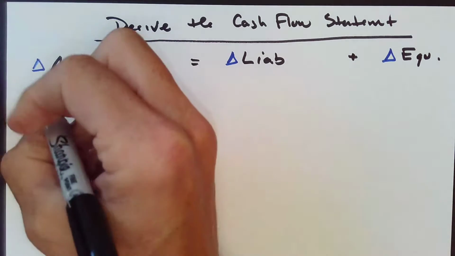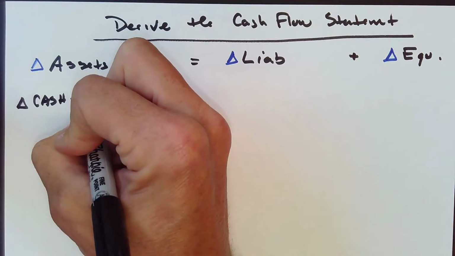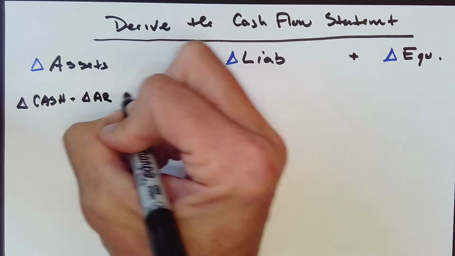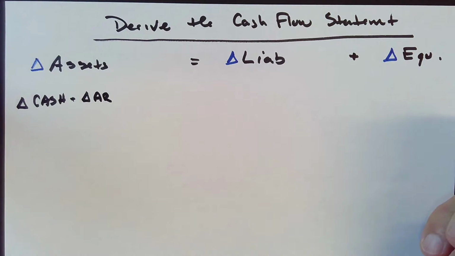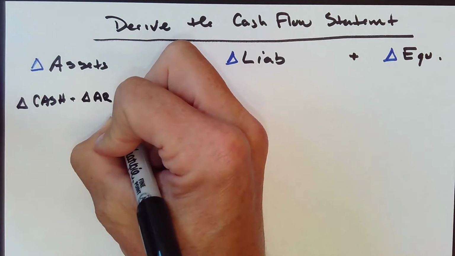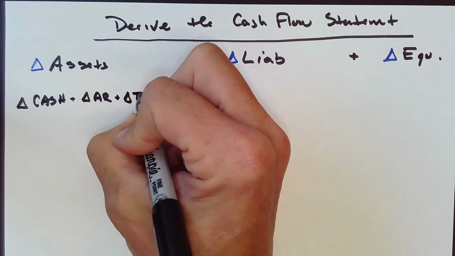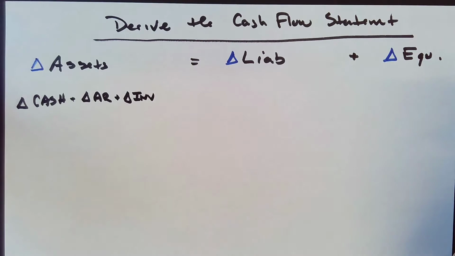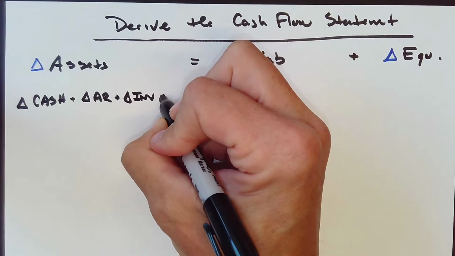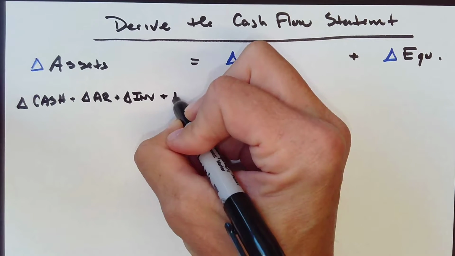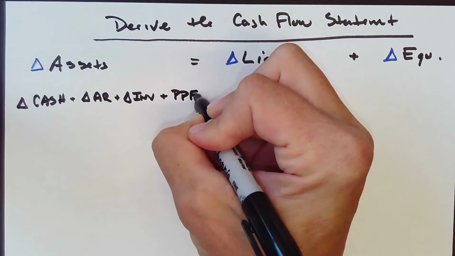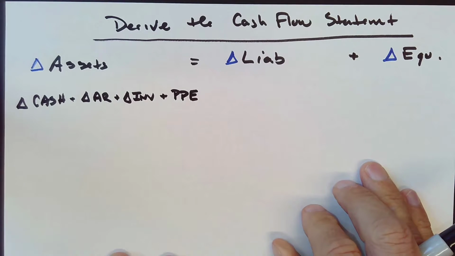What other assets do we have? Well, we might have change in AR, accounts receivable. Change in inventory. Change in PP&E. We'll just go with that for the time being, right?